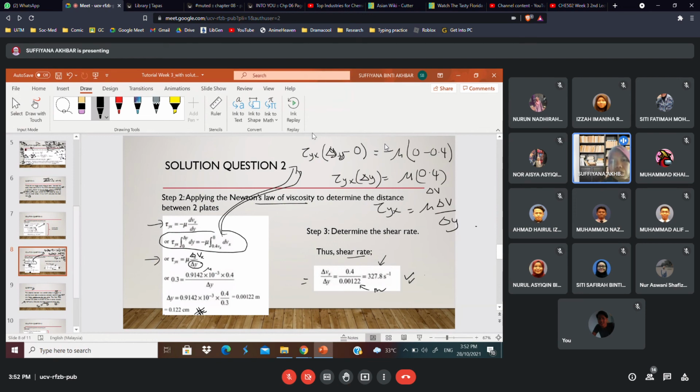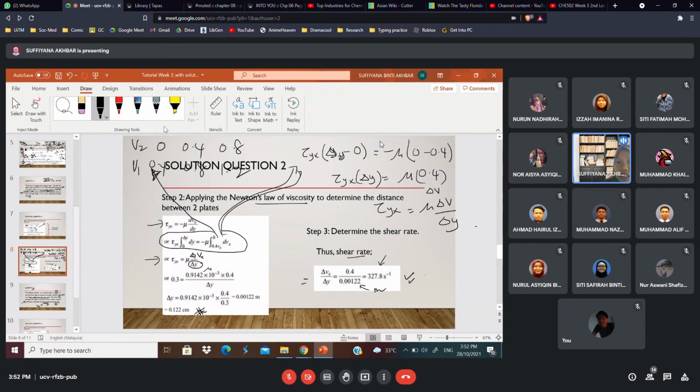Kenapa pula ni kosong? Kita yang letak, because the question said the difference is 0.4. You boleh letak V1, V2: V2 is 0, V1 is 0.4. You also can set V2, for example, to 0.4, then V1 is 0.8. If V2 is 0.8, then this one is 1.2.